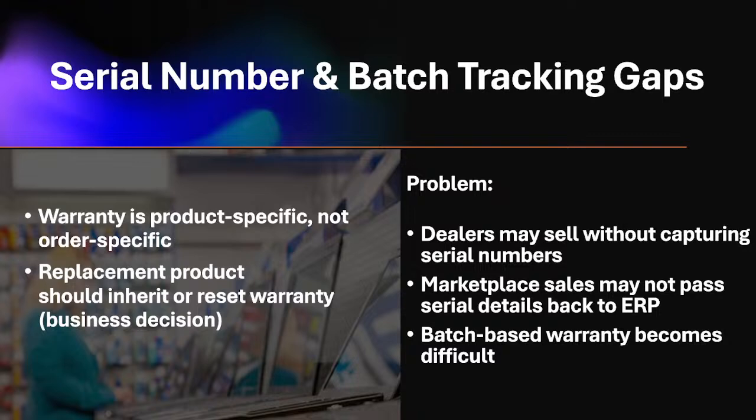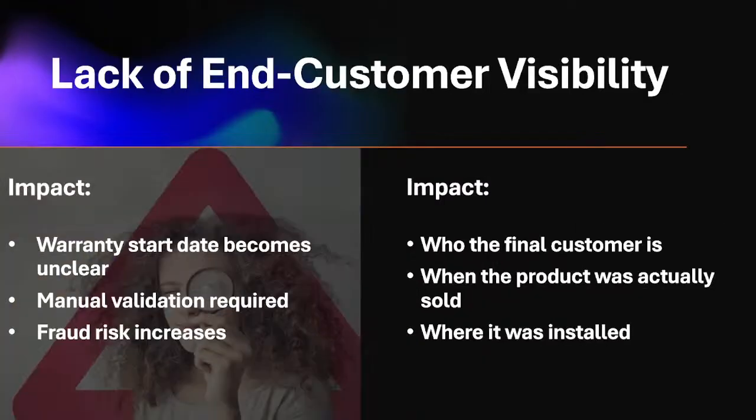Right. Thank you for making that so clear to understand. And it is a very important part that there is no such detail of end customers available to the manufacturers. So it is very important to understand who the final customer is and where the product was installed, how it was sold, because it really impacts the business process, right?